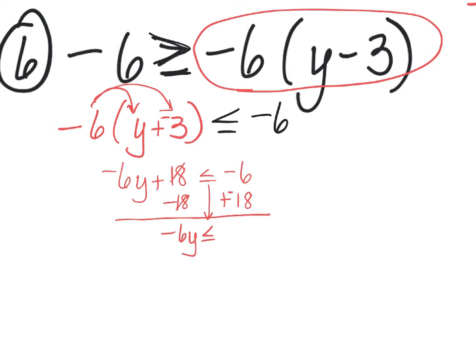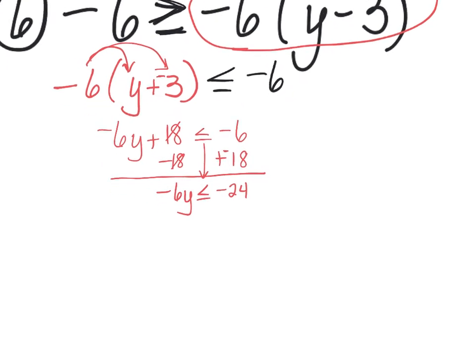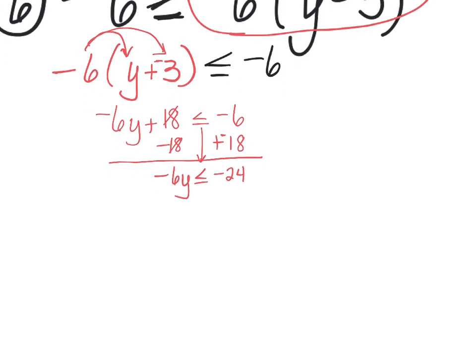I have you guys asking me too many times, I don't know how to do negative 6 minus 18. Well, you have to do keep change opposite. That gives me negative 24. Okay, what are we going to do now, Gabby?